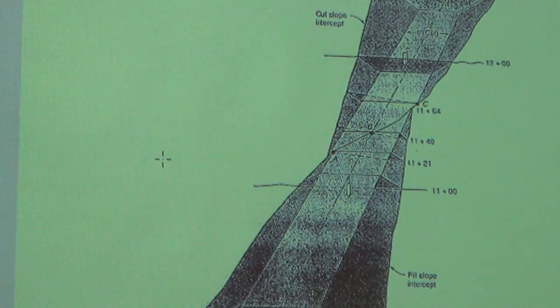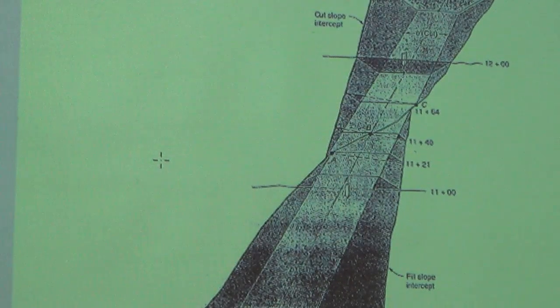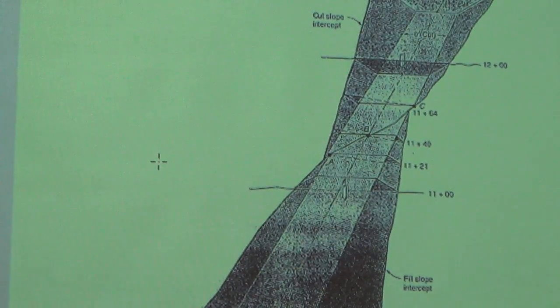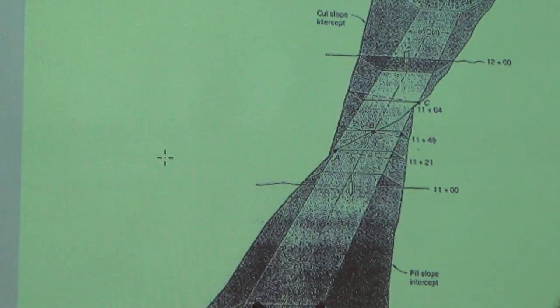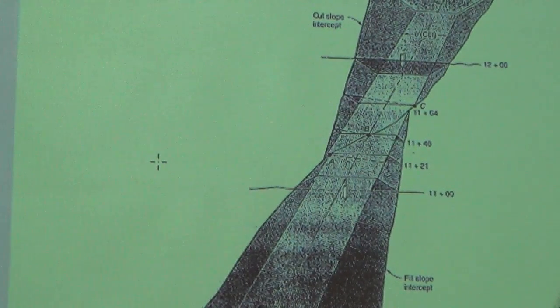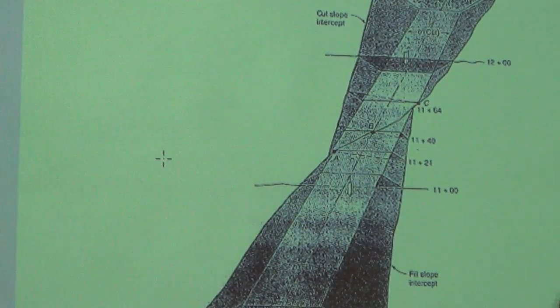This to me looks like a trapezoid. Does it to you? It may be a little bit off, but in this particular area, they probably only surveyed this point and this point. So they knew that this was going to be whatever it was, 15 feet on either side, and they calculated this area.